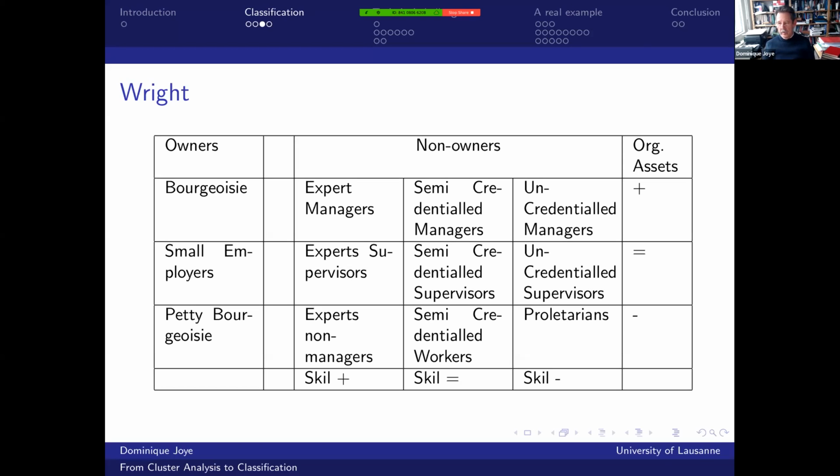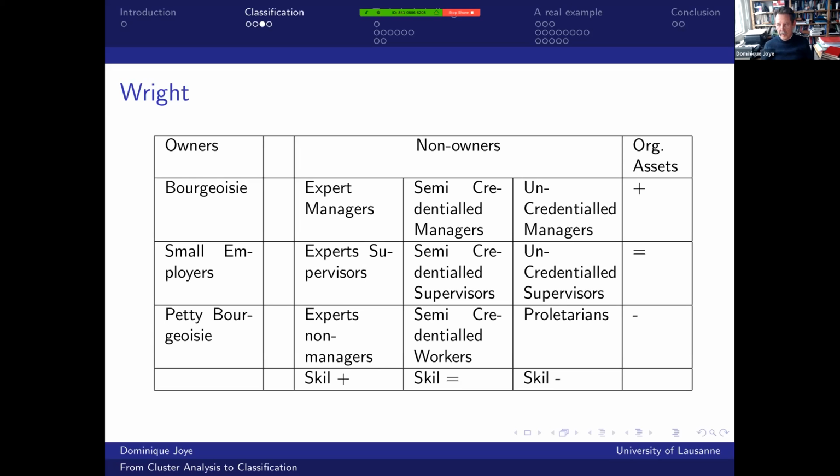So in fact, that's a combination of three different dimensions: owner or non-owner; high skill, medium skill, lower skill; and high organizational assets, medium organizational assets, low organizational assets. The combination of these three dimensions gives a categorical variable, in this case with 12 categories, which is the result of this analysis.